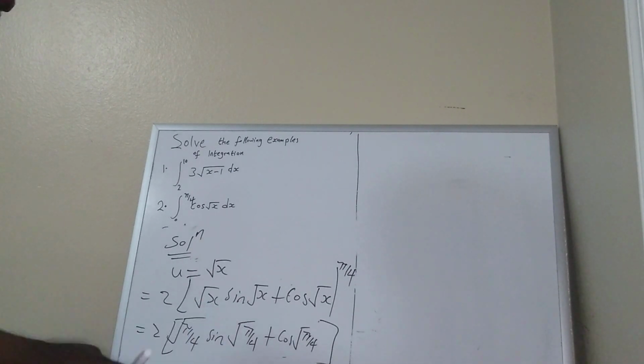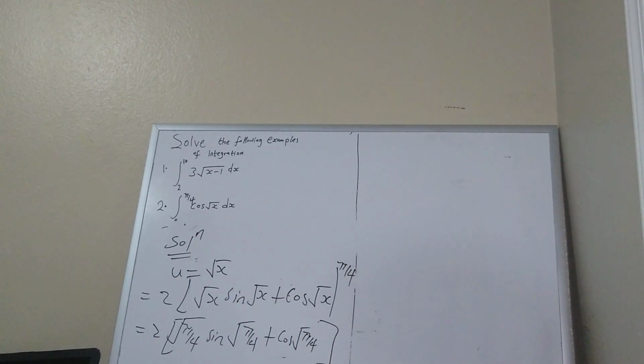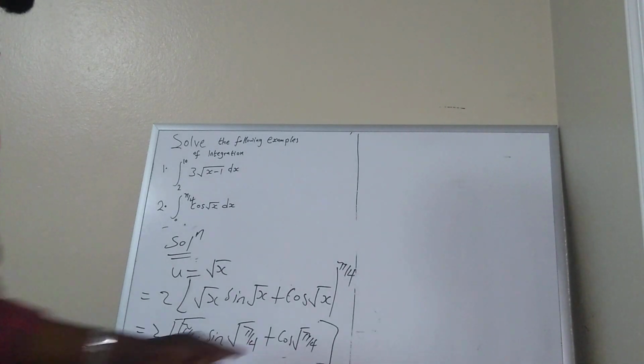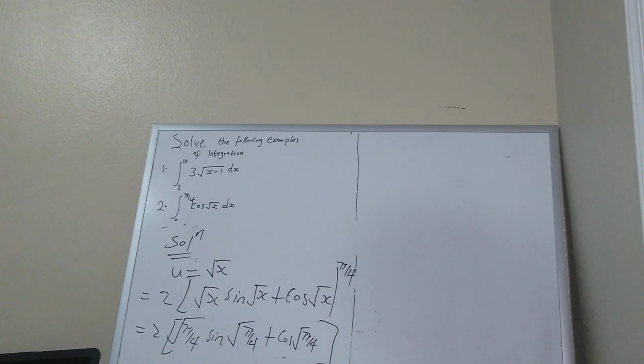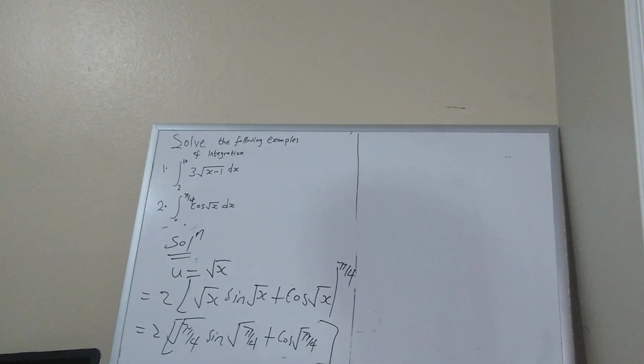So here, look at something: pi on 4. Look at here, pi on 4. What is pi on 4? Just use the calculator to enter this whole thing and you get your final answer. Or you can let me continue.